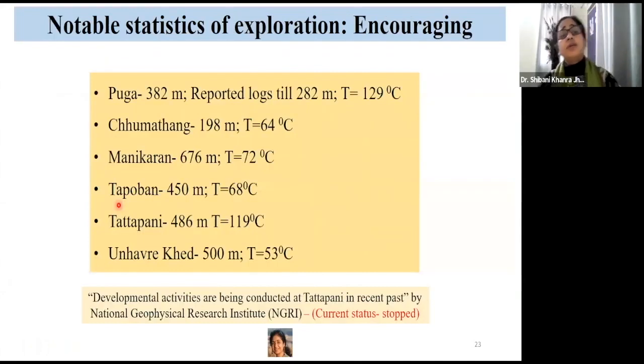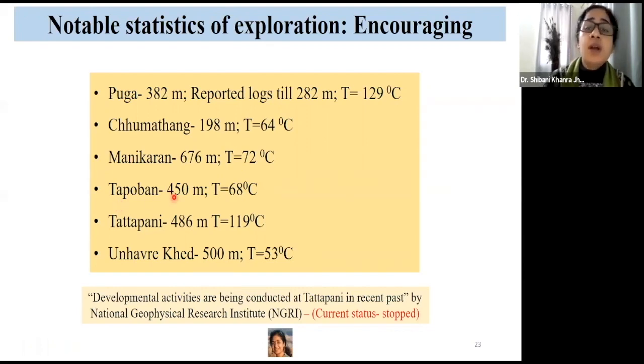So from this historical study, some of the notable statistics of exploration can be identified in terms of the temperature obtained from these 6 fields which I have discussed.